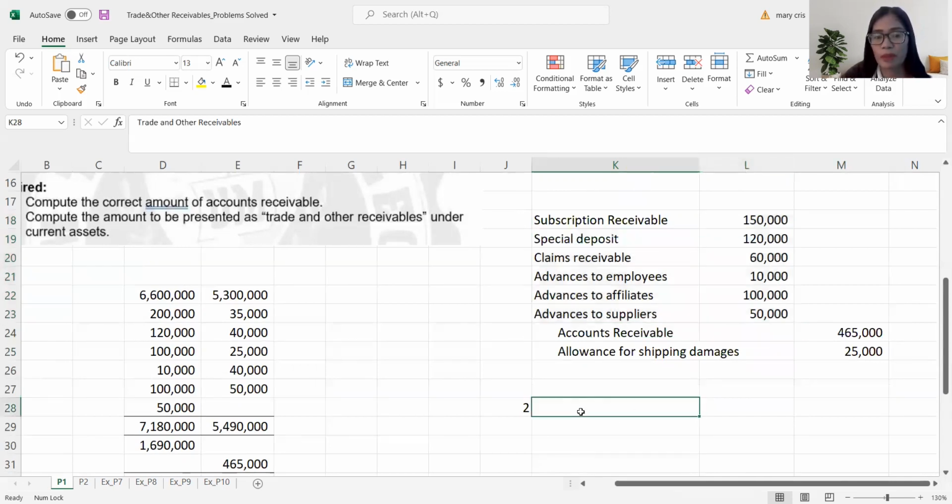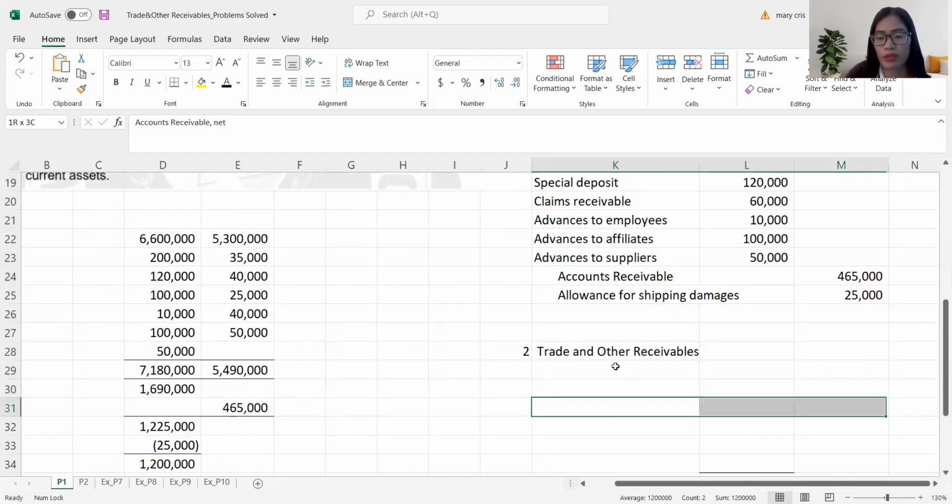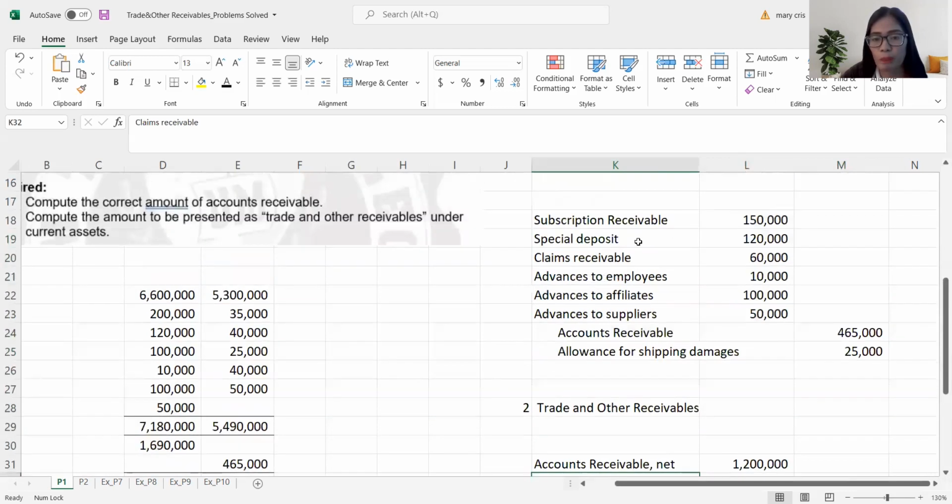What should we include? First, under the caption trade and other receivables, let us list the accounts receivable at the net amount. Our accounts receivable is 1.2 million as computed earlier. Next are the items listed here.